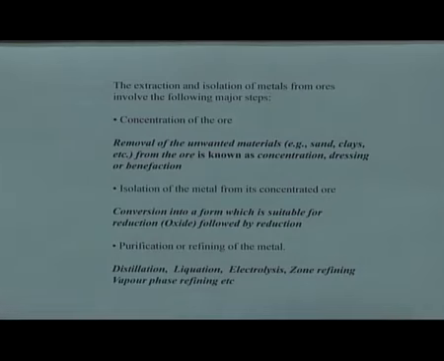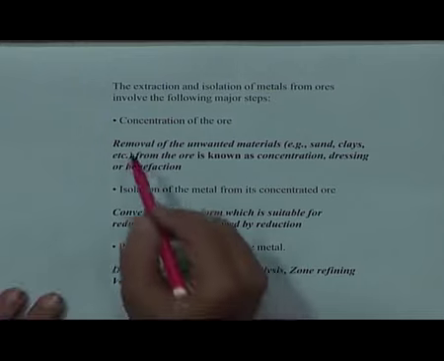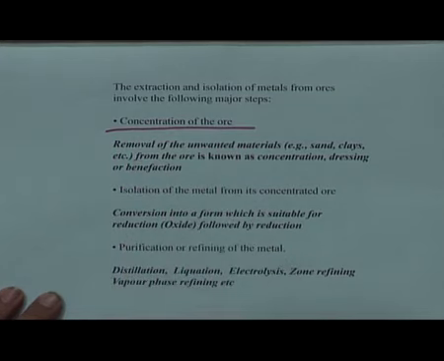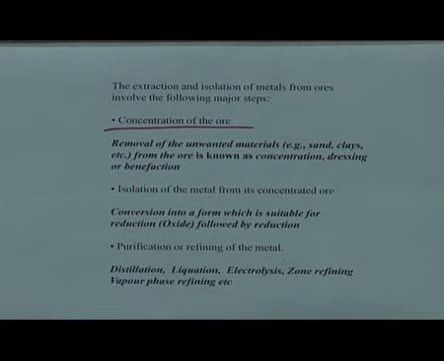However, for any isolation process of metals from ores, there are three major steps. First is concentration of the ore. So, first, all those undesirable substances associated with the ore have to be removed, otherwise in the process they will also be converted into some form and ultimately contaminate the metal.